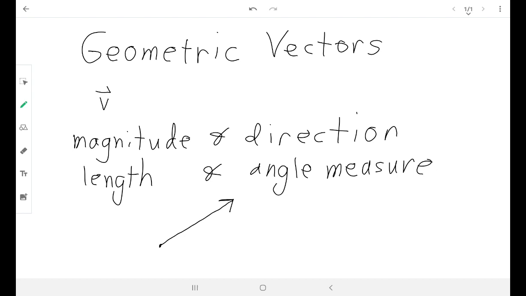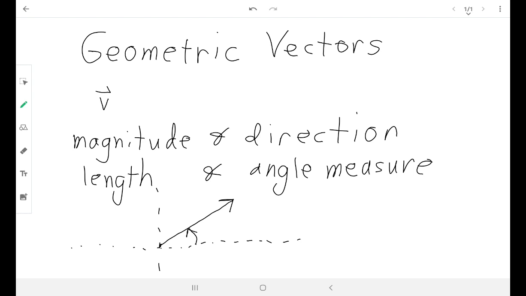And by that way, we mean, let's say if you were to measure it from the positive x-axis in the coordinate system, how far would you have to rotate to get to it? So that's the direction part.